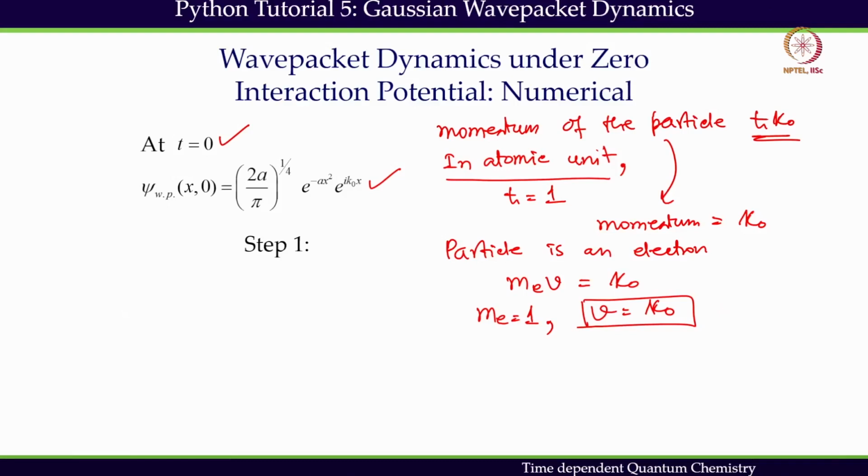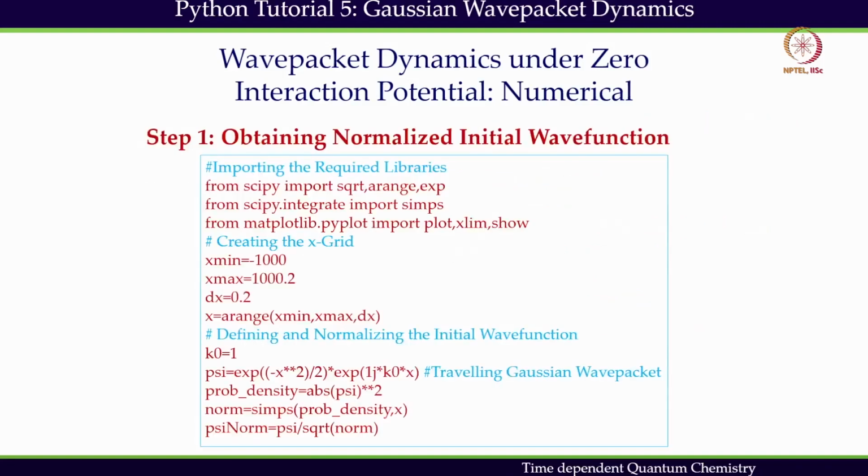So in this numerical procedure, you can see that this k naught we have considered to be 1.